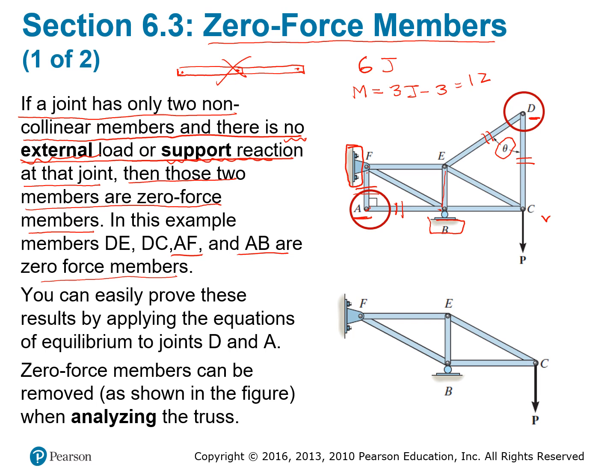Okay, let's look at this one here. When you have these zero force members, you can simplify your problem to this one. Now the number of joints becomes 1, 2, 3, and 4. You simplify the problem to analyze 4 instead of 6 joints.